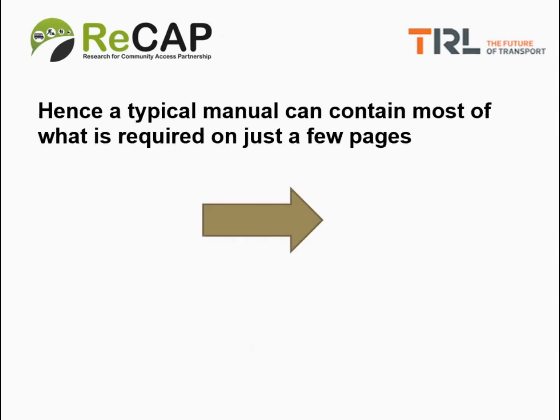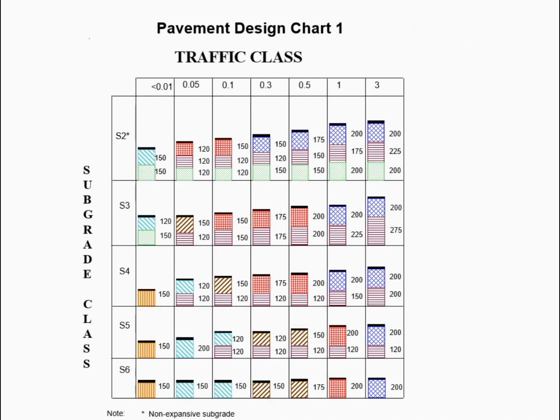So if we look again, a typical manual can contain most of what is required on just a few pages. You've done all the calculations in your desk mode, and you've now summarized them all in your manual that can be literally 2 or 3 pages. There's an example. This happens to be one of the ones in the list. It's the TRL SADC design manual that was developed in Africa in the 1990s by my colleagues Tony Greening and Colin Gurley.